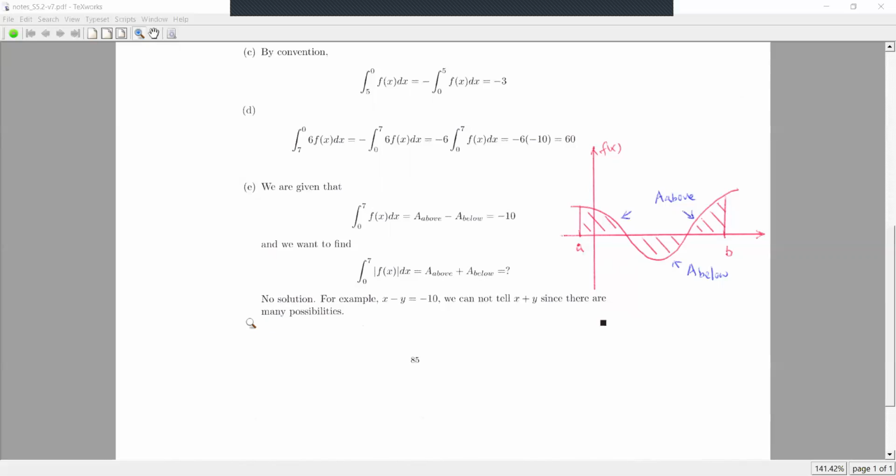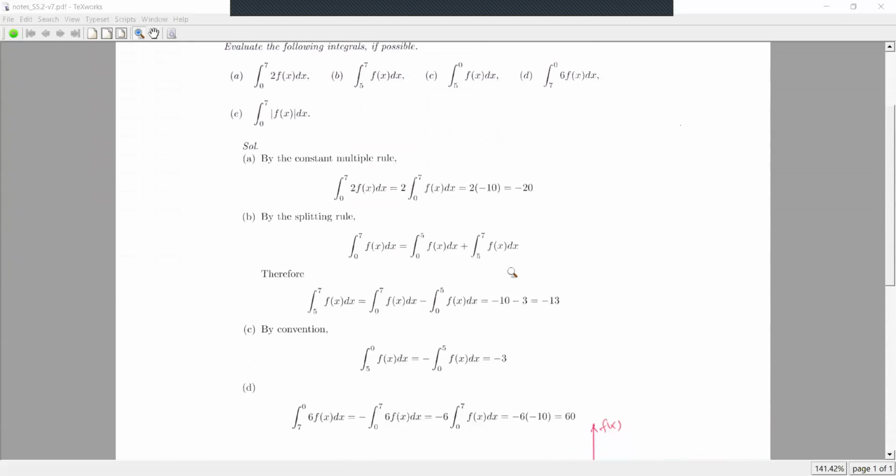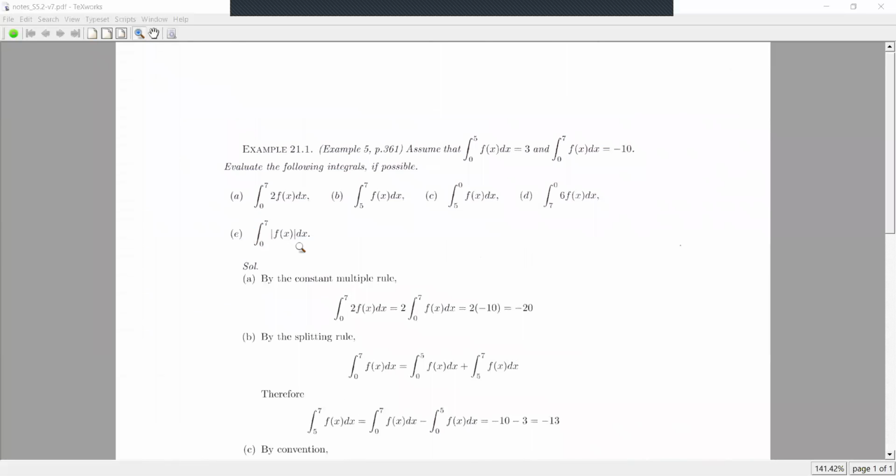So there are many possibilities. Given only this equation, we cannot determine what A above plus A below is. So the answer to E is impossible. We cannot tell the integral in E.